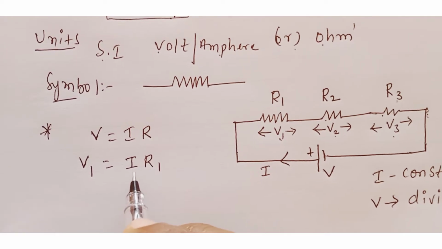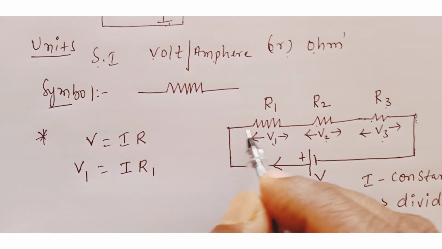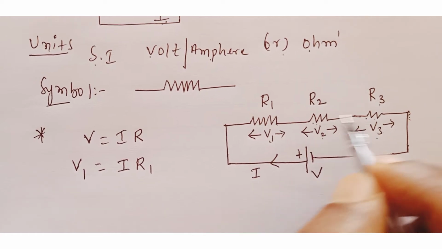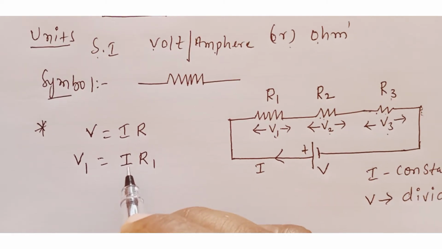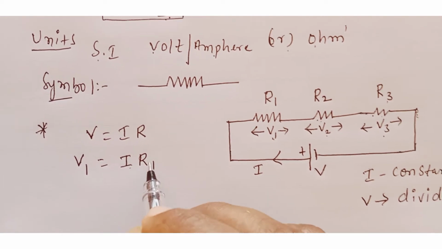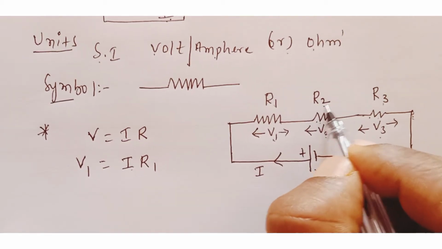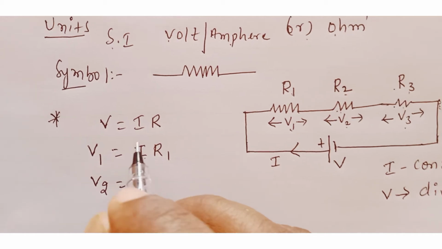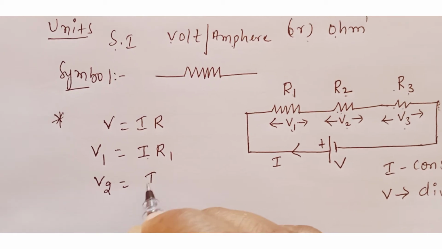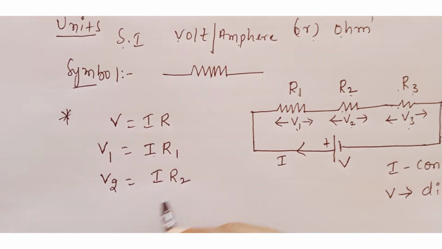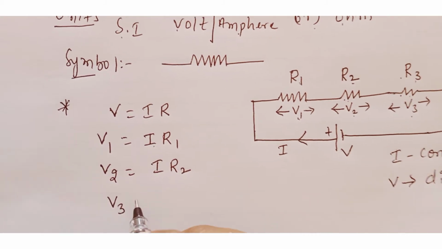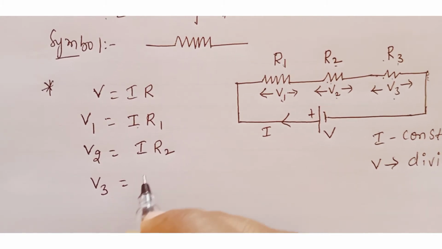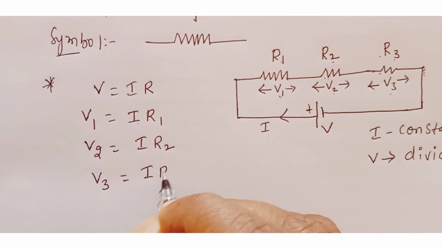Because the total amount of current through the first, second and third resistance is the same. That's why I write that the amount of current is constant. But resistance is variable: R1, R2, R3. The potential drop across the second resistor is I R2 and across the third resistor is IR3.